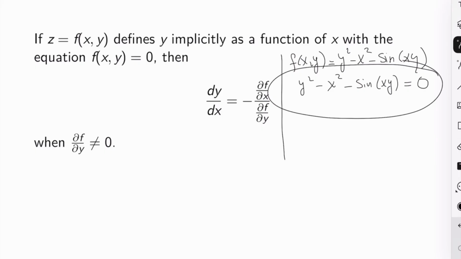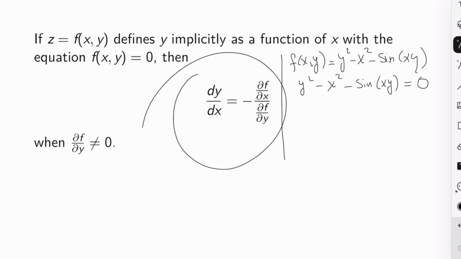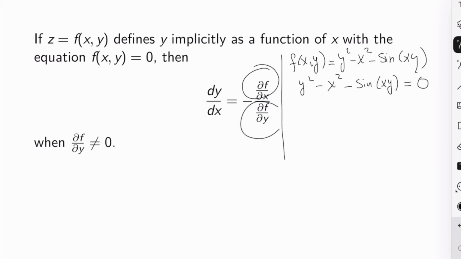It would be very complicated to get y equals something from here. But even without having the explicit definition of y, we can still calculate the derivative. So that is what this implicit differentiation is for. We can calculate the derivative of this function y without knowing what the function y is. And according to the formula, this is calculated by doing this quotient between the partial derivatives.